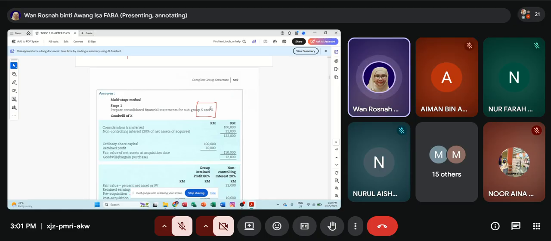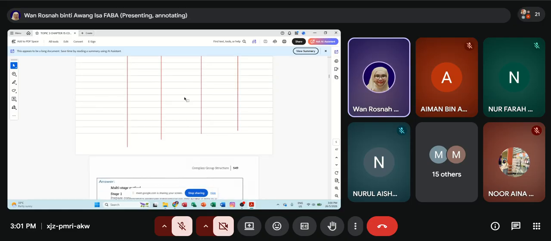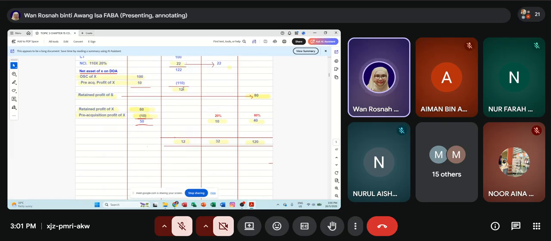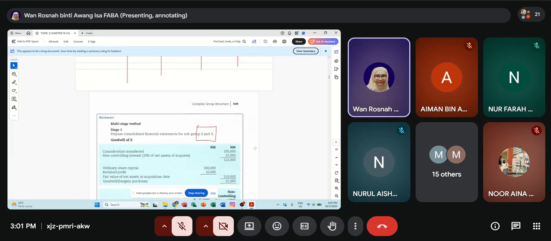So when you prepare this, consideration transferred, you have 100,000, and non-controlling interest is 22, which is captured from here.